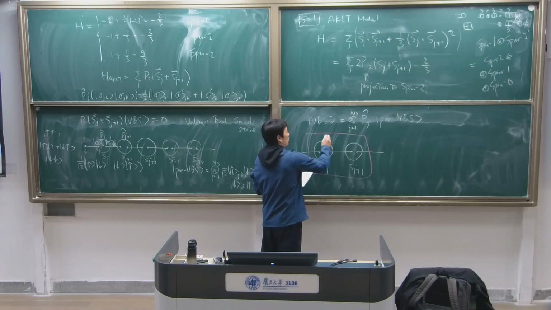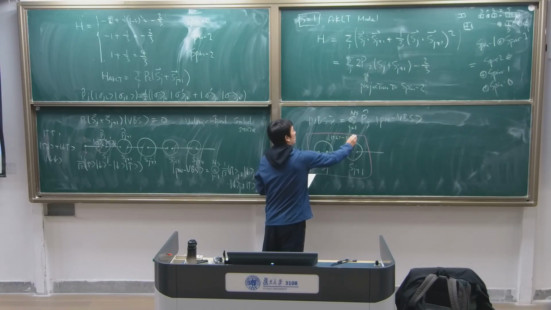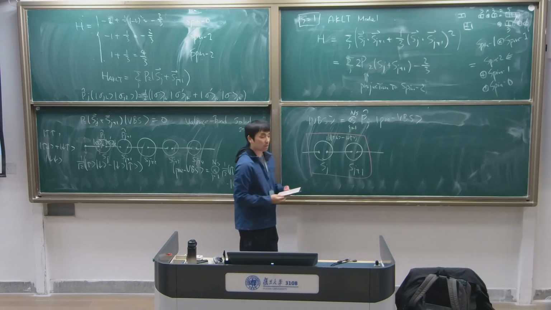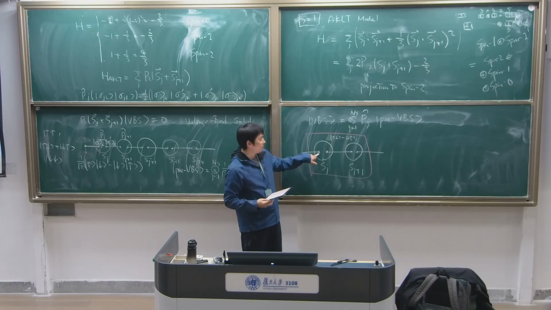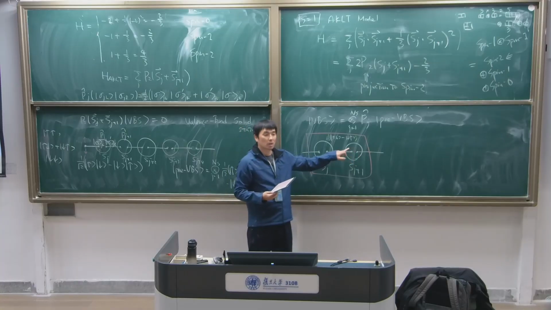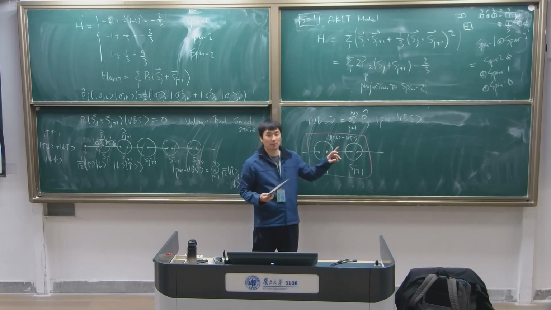So on this edge, you only always have square root plus minus, like this way. Therefore, what's left are these two spin 1/2 states at the edges, the leftmost and rightmost.